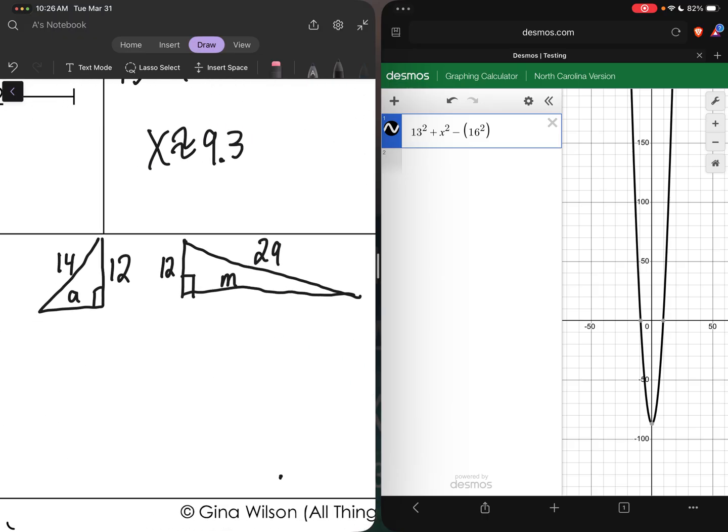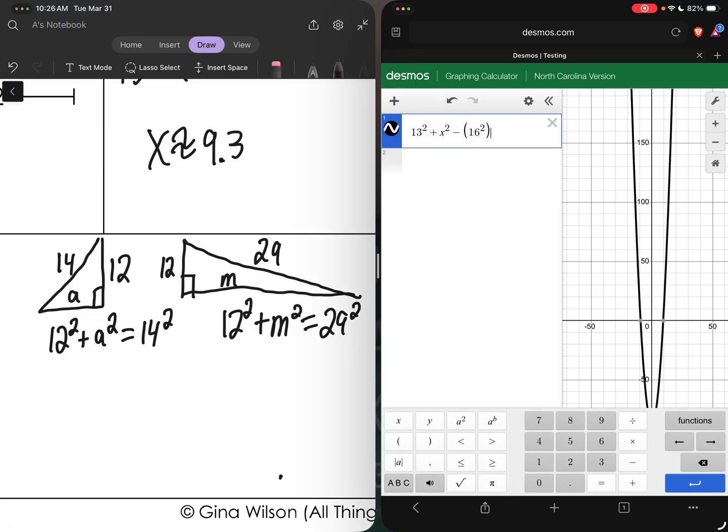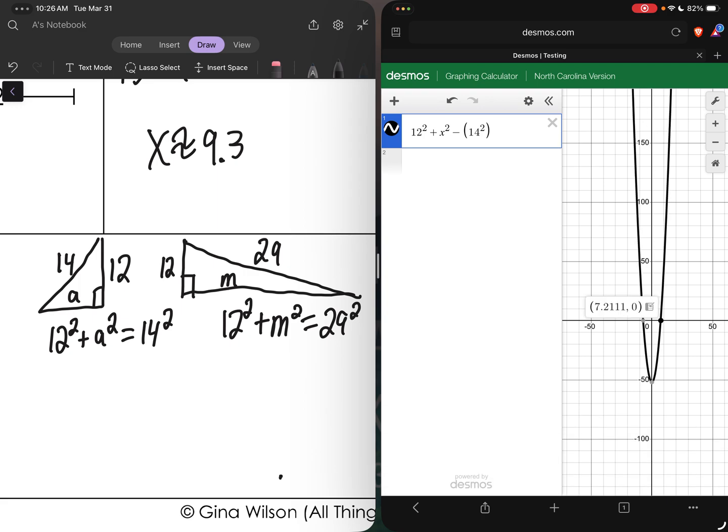So that gives me two problems to solve with triangles. The first one, 12 squared plus A squared equals 14 squared. The second one, 12 squared plus M squared equals 29 squared. Instead of A, I'm putting X. So this is about 7.2.